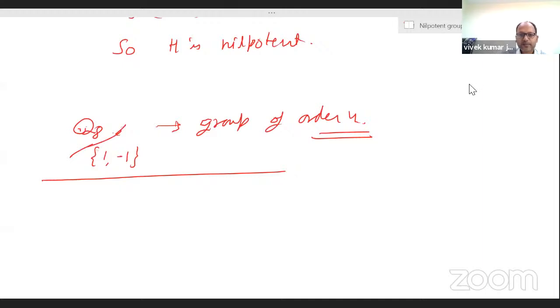Okay, so let us proceed now. So now we will talk about the direct product of two nilpotent groups.